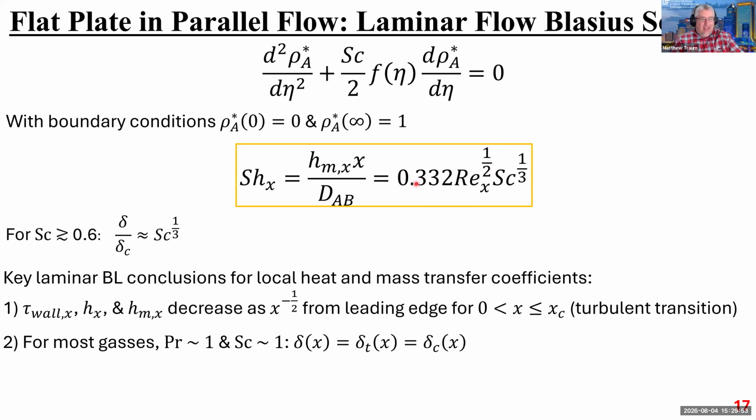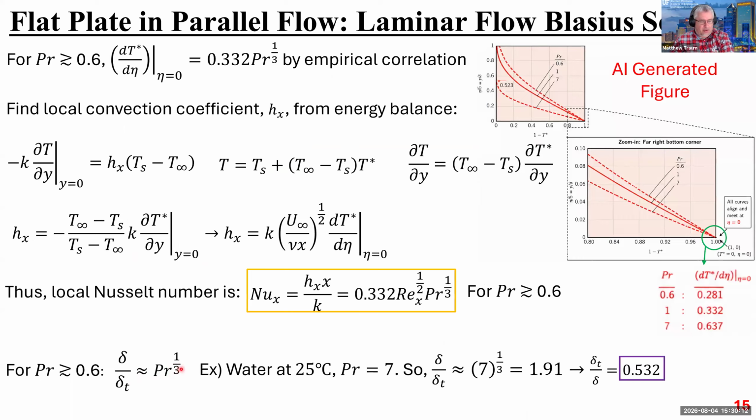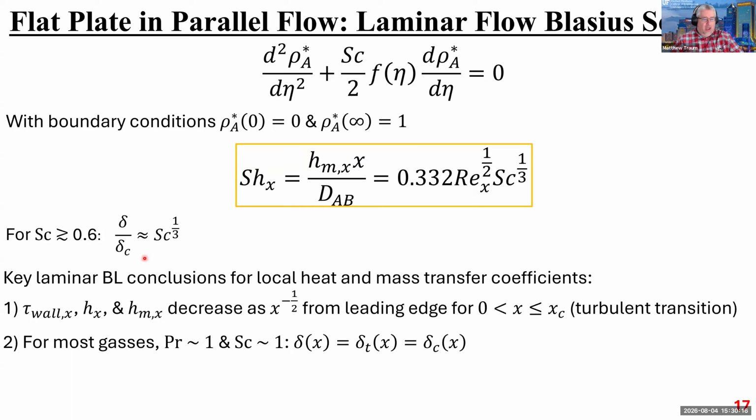There's even an analogy for the growth of the concentration boundary layer, right? So for Schmidt number greater than 0.6, which is basically most gases, everything else, that ratio is also just Schmidt number to the 1/3, right? The same way as this was Prandtl number to the 1/3 for the relationship between the velocity and the thermal boundary layer.